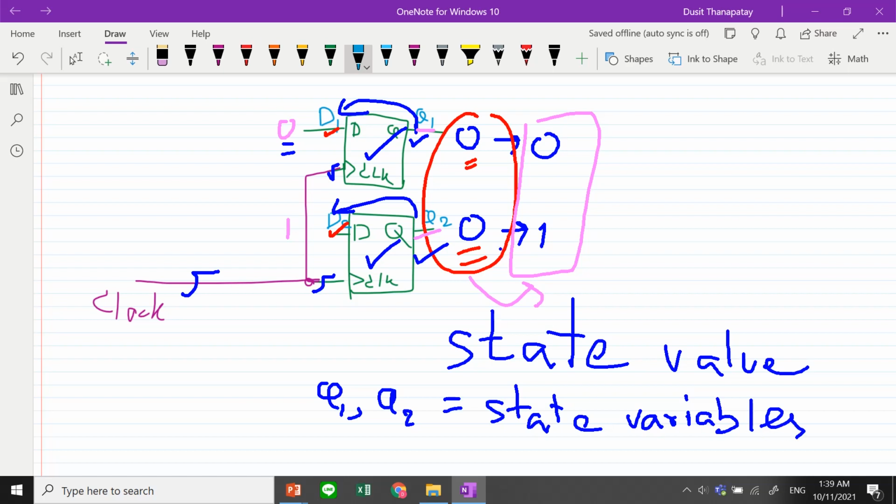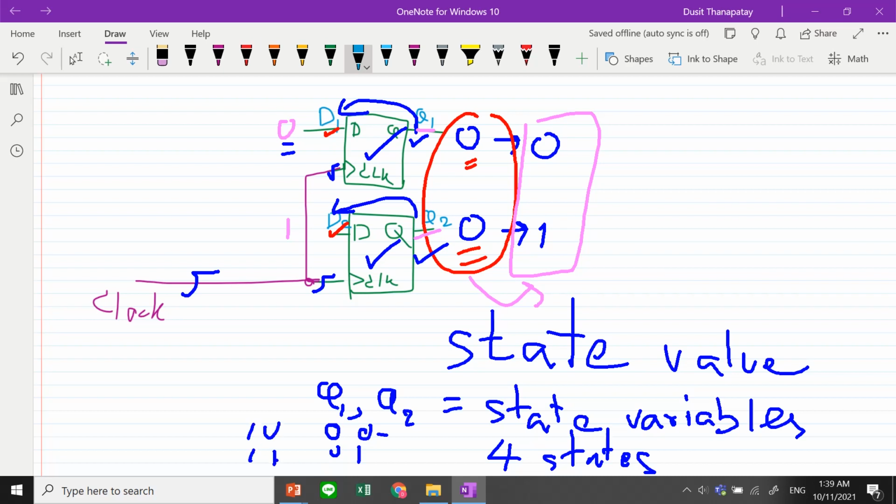So if there are two state variables, namely 2 bits, right? So this circuit will have 4 states. Namely, when Q1, Q2 is 0, 0, 0, 1, 1, 0, and 1, 1.